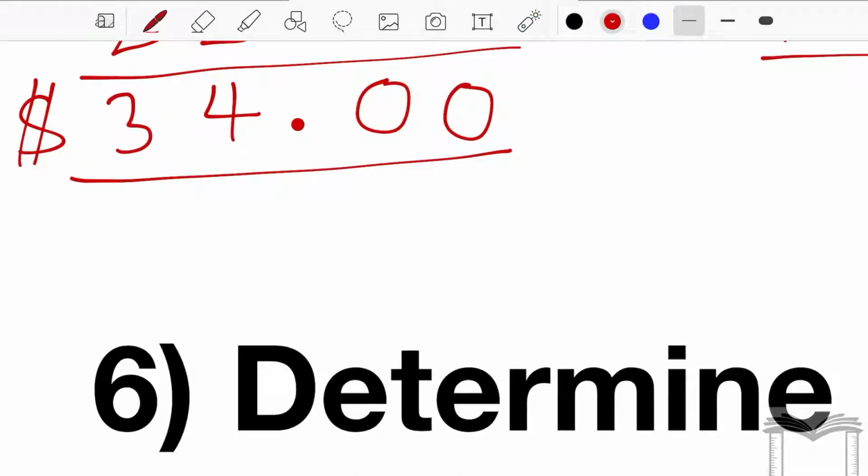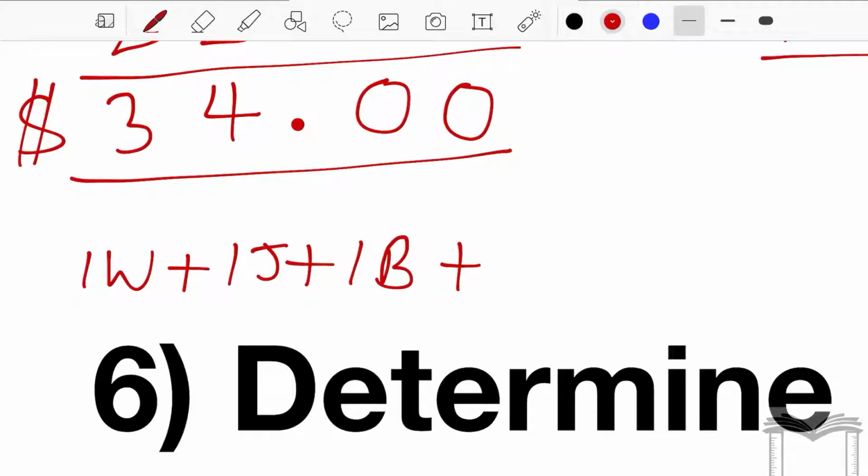So in total we have the 1 water, the 1 juice, and the 1 burger, and then we added 1 more burger and 2 more waters.